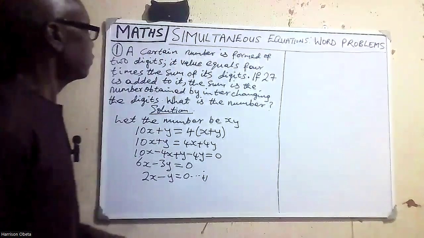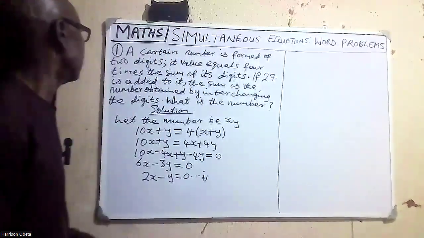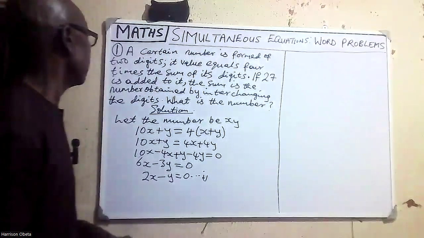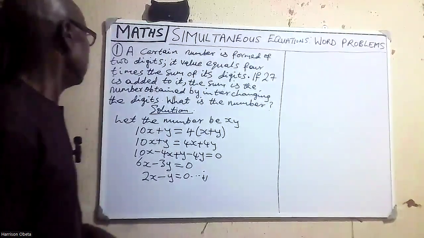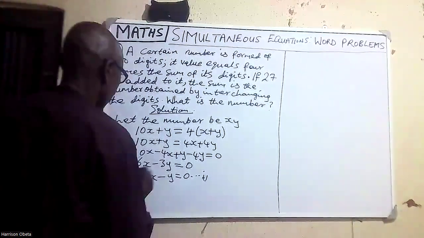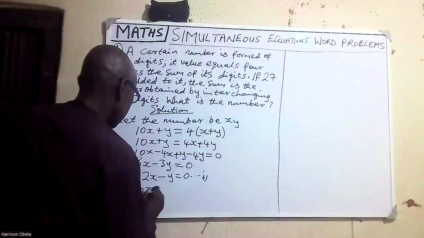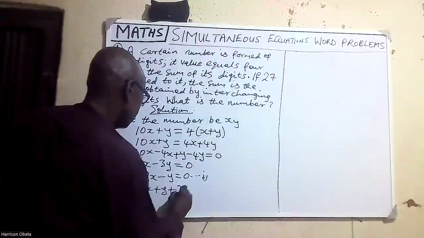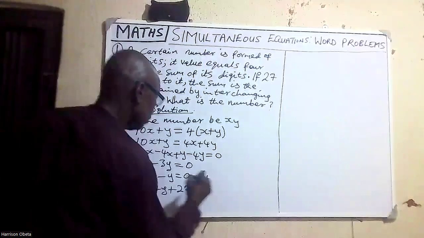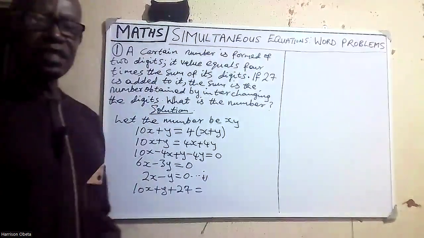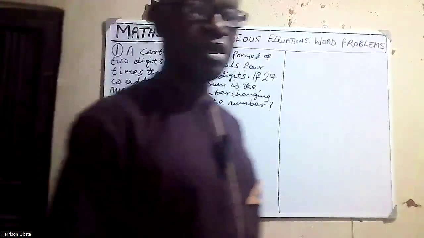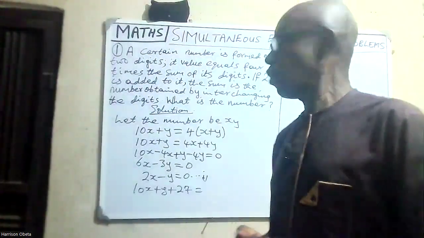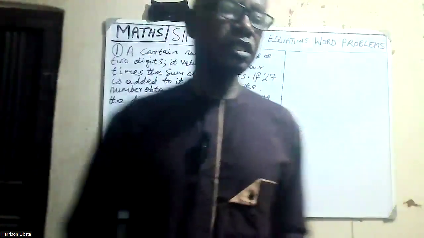Now, it said if 27 is added to it, the sum is the number obtained by interchanging the digits. So we have 10x plus y plus 27 is equal to, interchanging the digits means y becoming the tens digit, x becoming the unit digit.